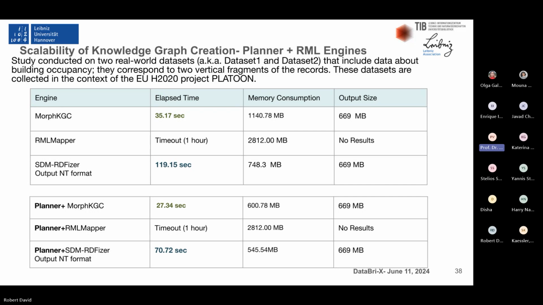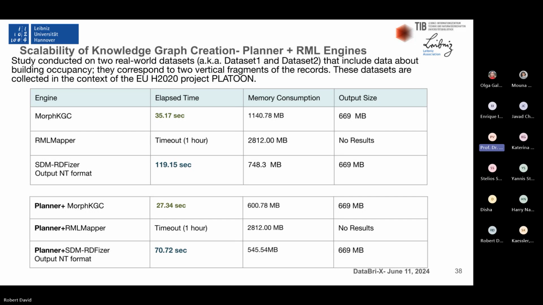When we are comparing the output size, it's important to see that when we start without planning, the output size is smaller than the memory that is consumed. But after we optimize, we see that we are consuming less memory than the size of the knowledge graph that is generated, which was actually acceptable.